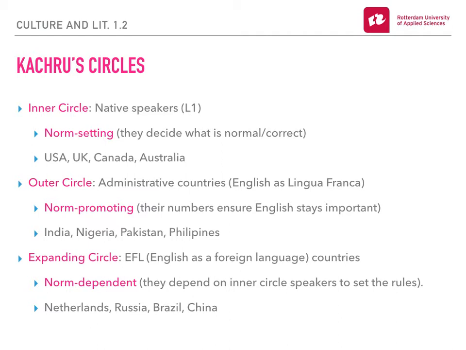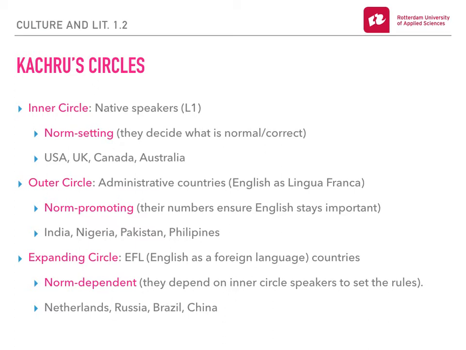If we look at the complicated role of English in India, it was the language of the colonizers, but it allows people from different ethnic groups to speak to each other if they don't necessarily understand each other. India has hundreds of official languages. Now, their sheer numbers are norm promoting. Norm promoting means one of the reasons why English stays important and relevant is that countries like India, Nigeria, etc. still use it.